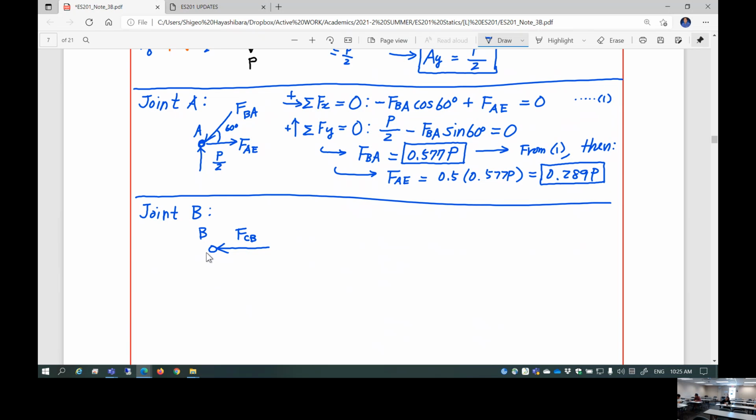And this is a known information from joint A. This is FBA, or in this case, FAB, in which this is 0.577P.